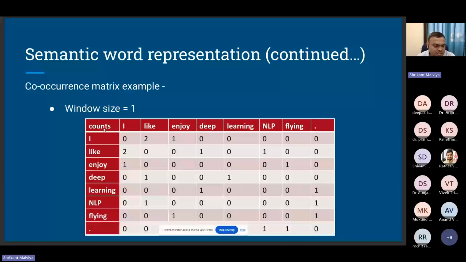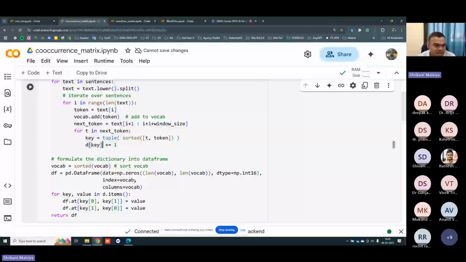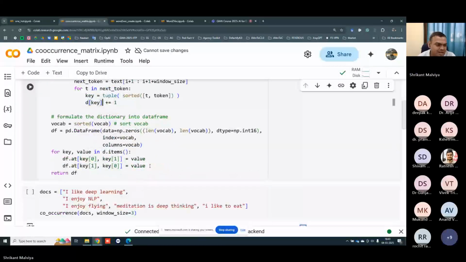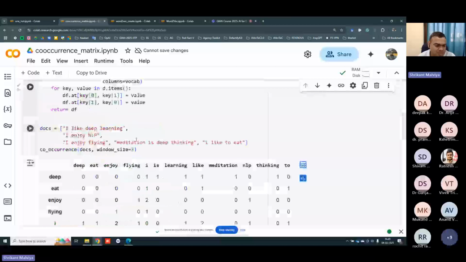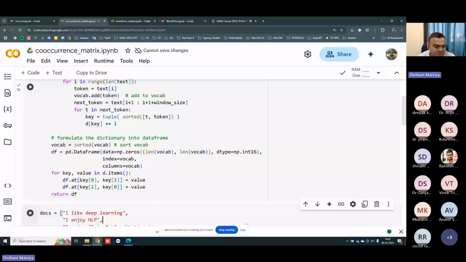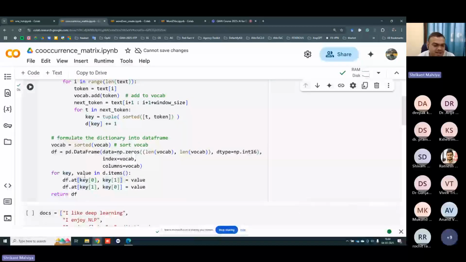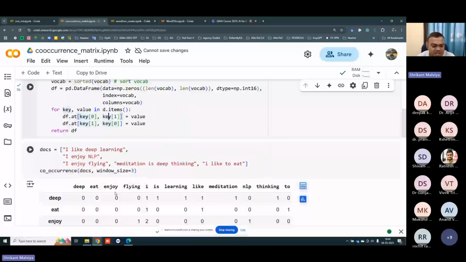Let's execute it and see how it happens. First line, then we send this corpus, and this will return a data frame. The data frame consists of word, cross word, and the value: how many times two words occurred in the entire corpus. And when you print the data frame, it will look like this.